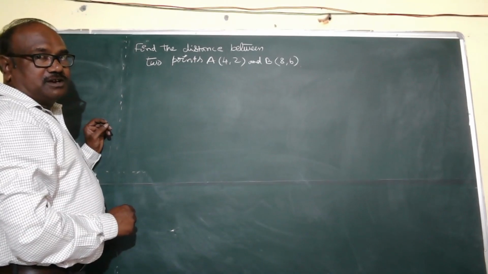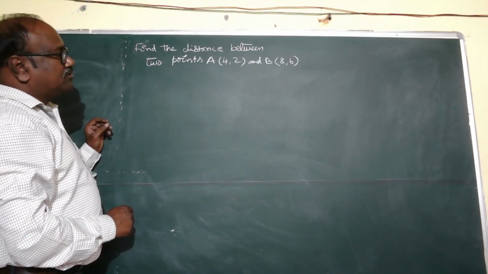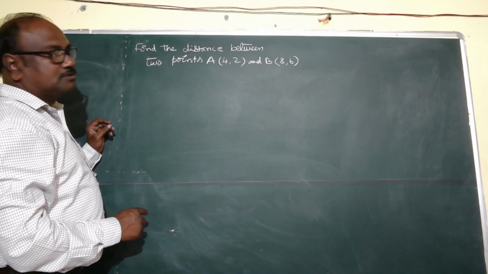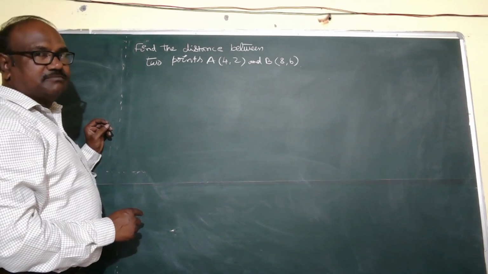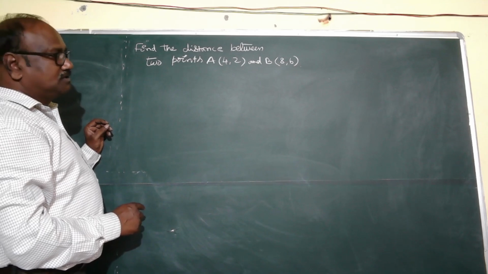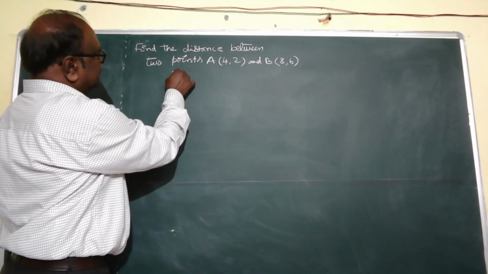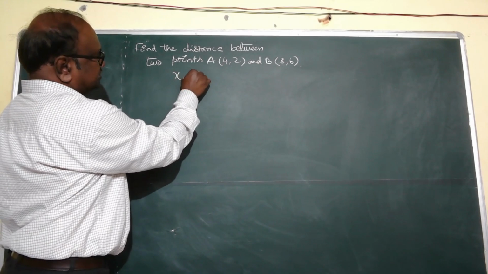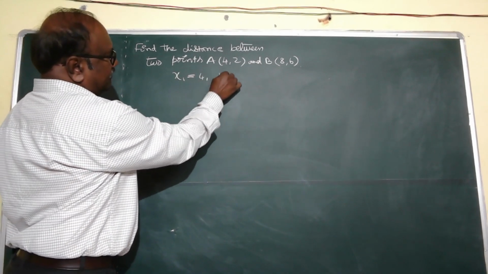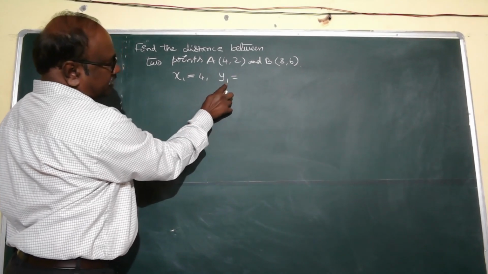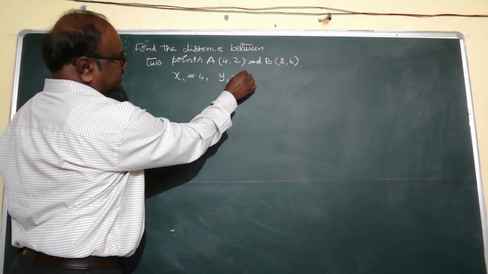We know the formula. Distance between 2 points AB is equal to under root (x2 minus x1) whole square plus (y2 minus y1) whole square. First let us write the values: x1 is equal to 4, y1 is the y coordinate of the first point, that is 2.